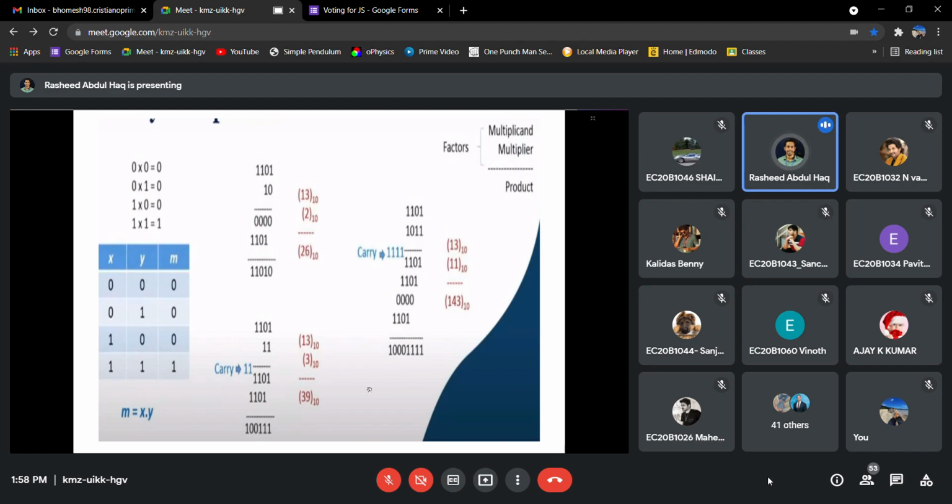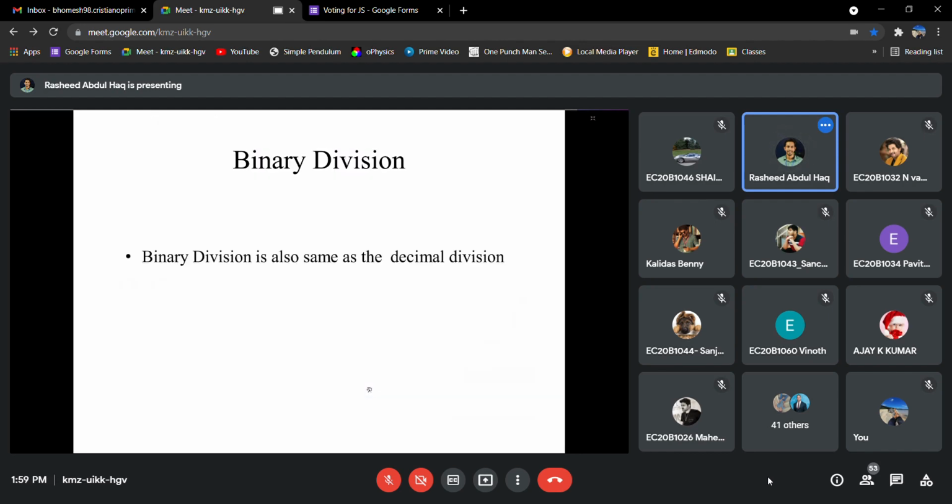The third example, can you do that? 1101 into 1011. Please do the multiplication. 1101 with 1011.